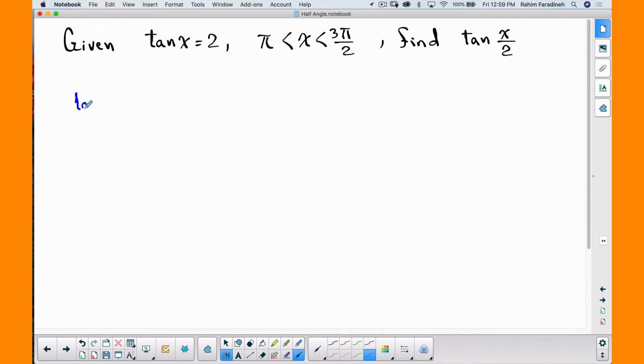So tangent square of x over 2 is 1 minus cosine of x divided by 1 plus cosine of x. So from the given information, I need to figure out what is cosine of x.